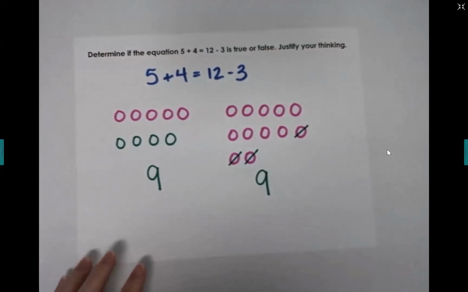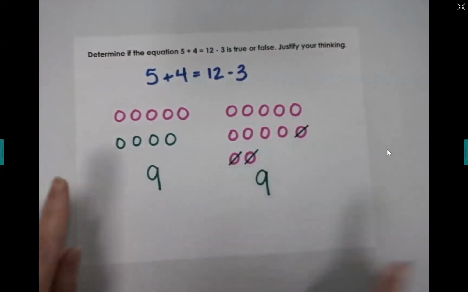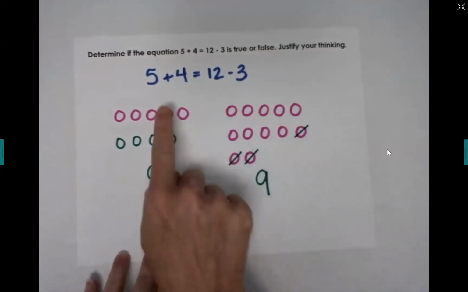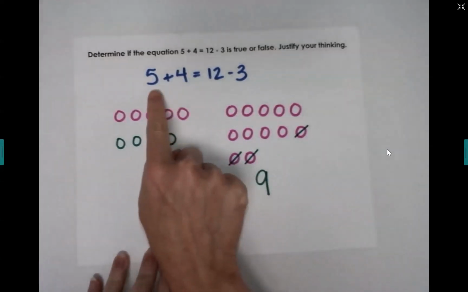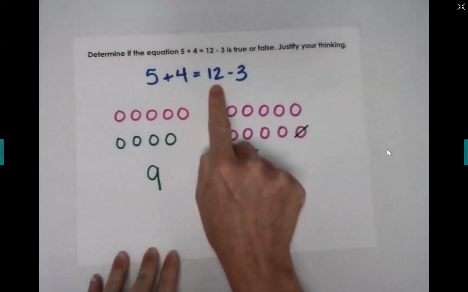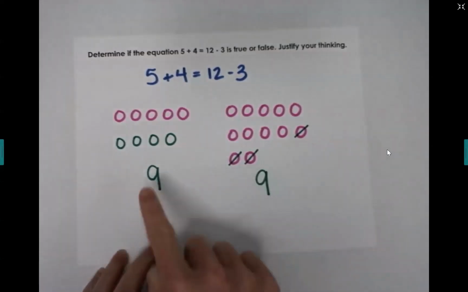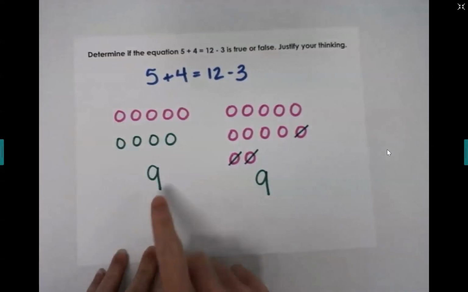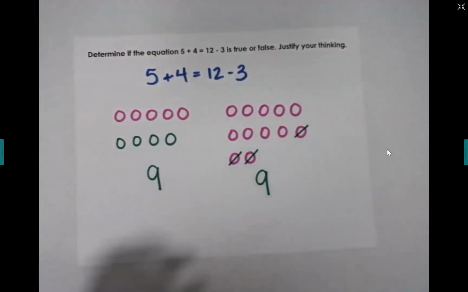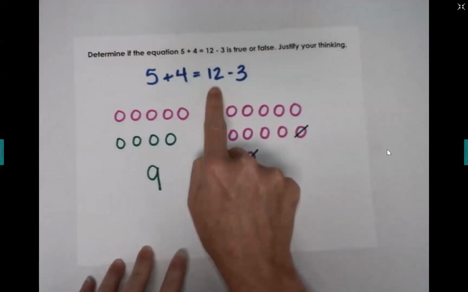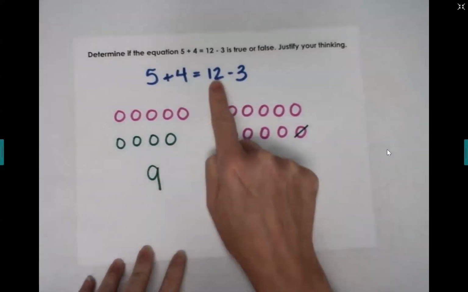Now, one thing that you want to point out when you have expressions on both sides of the equal sign is sometimes students will look at 5 plus 4 equals and they see a 12 right after the equal sign. So when they solve 5 plus 4 and get 9, they may jump to the conclusion that, oh, no, it's not equal because 9 is not the same as 12.